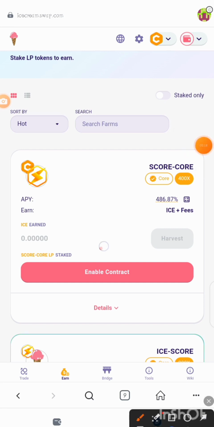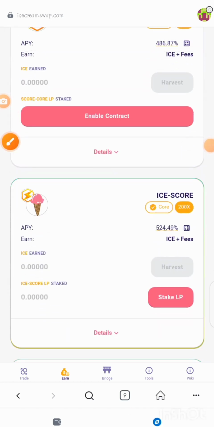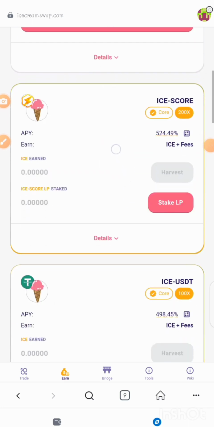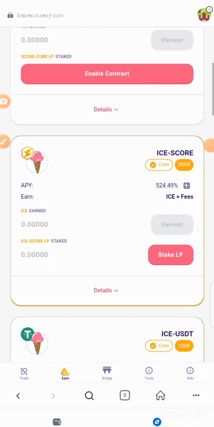You can see it right there, 486%. Now this is S ice versus S core, the native token of ice cream swap. For me, this is the pool I prefer: S core versus ice.